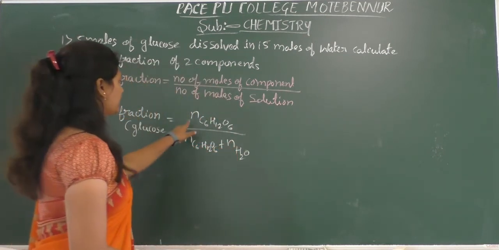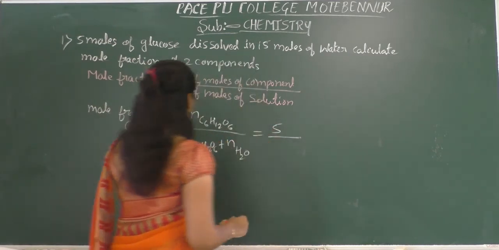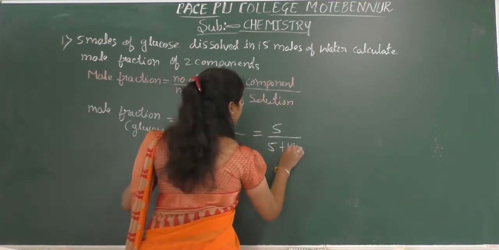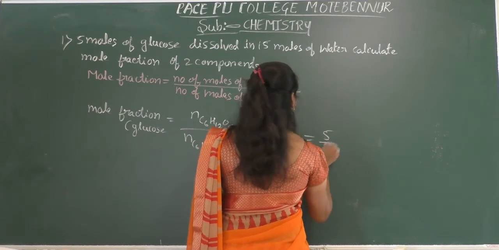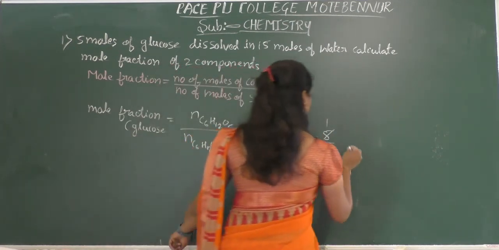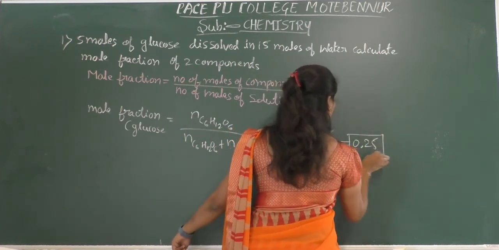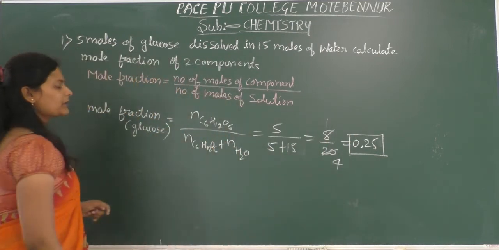Okay, so here number of moles of glucose is 5 mole and number of moles of water is 15, so 5 plus 15. So here 5 divided by 20. 5 ones are 5, 5 fours are 20. So here the answer will become 0.25. So this is the mole fraction of glucose which is present in the solution.